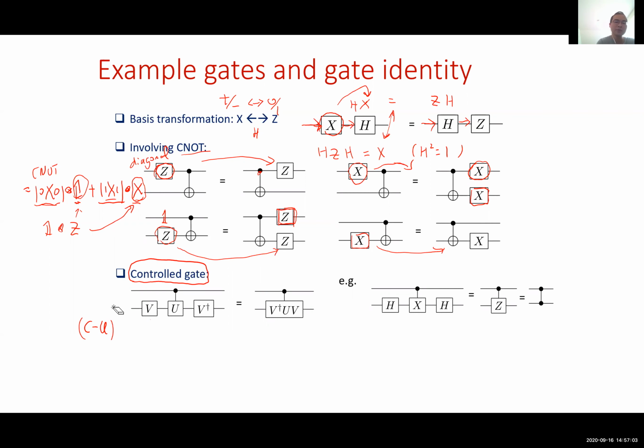If we want to be more rigorous, we should use identity tensor product V, and then control U, and then identity tensor product V dagger, which is the same as control V dagger U V. The gate that is applied when the control is on is V dagger U V.